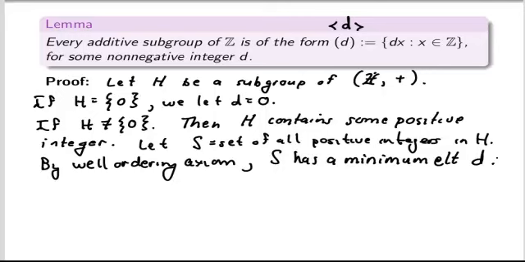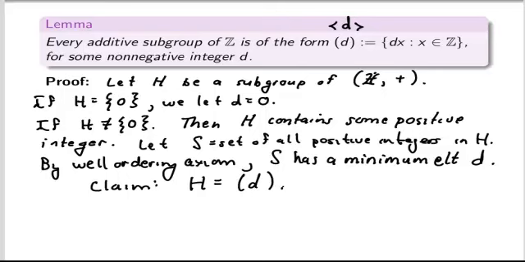Okay, so our claim is that every element in our subgroup H is a multiple of d. So H is the set of multiples of d.